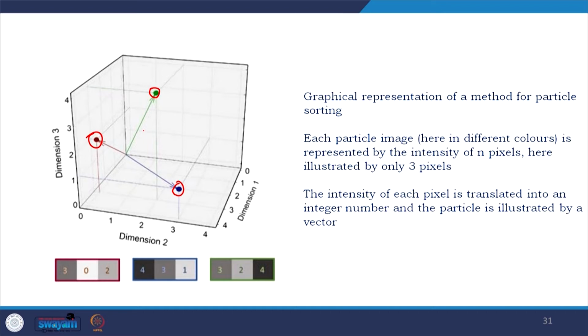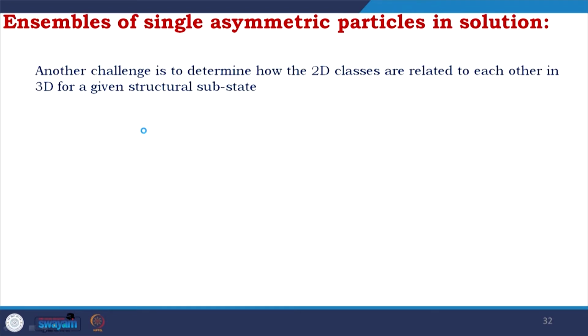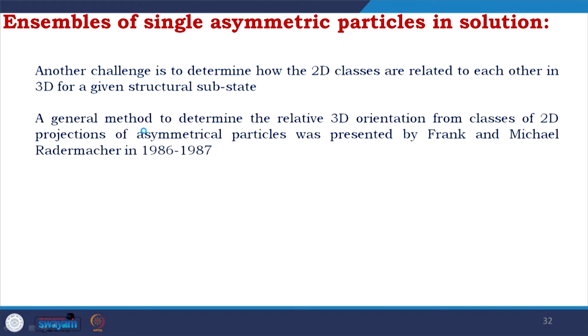Another challenge is to determine how the 2D classes are related to each other in 3D for a given structural subset. A general method to determine the relative 3D orientation from classes of 2D projections of asymmetrical particles was presented by Frank and Michael Radermacher in 1986-87.